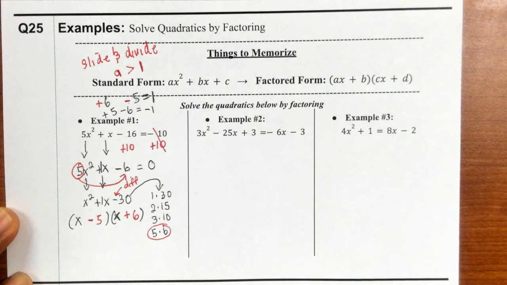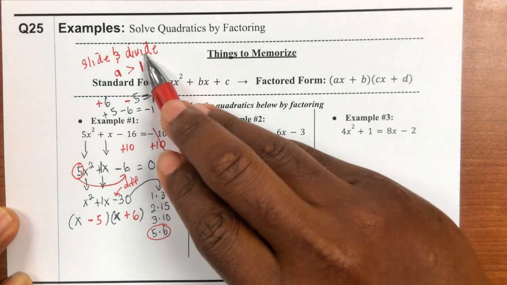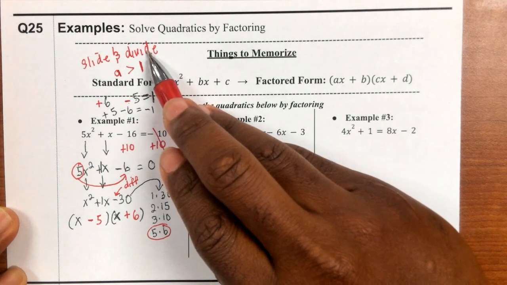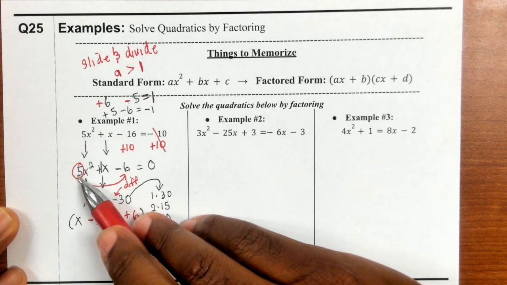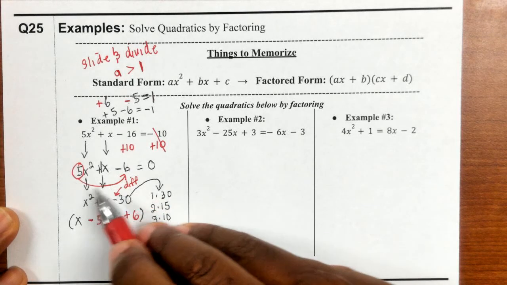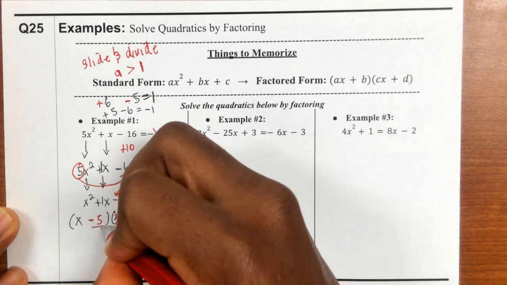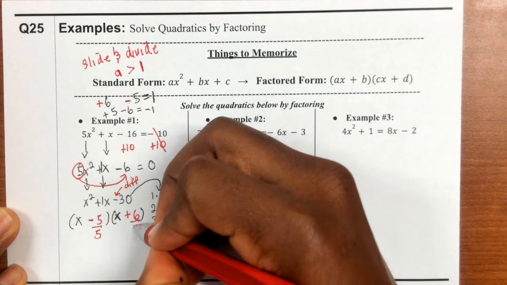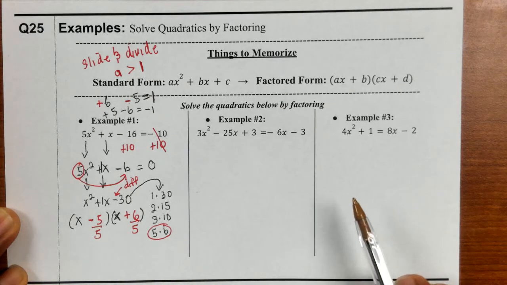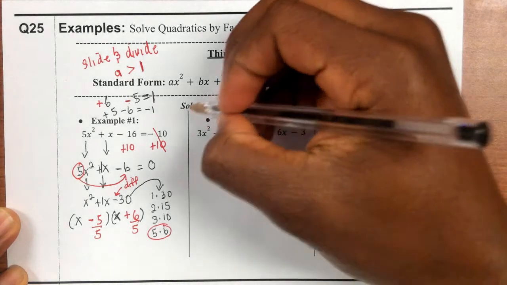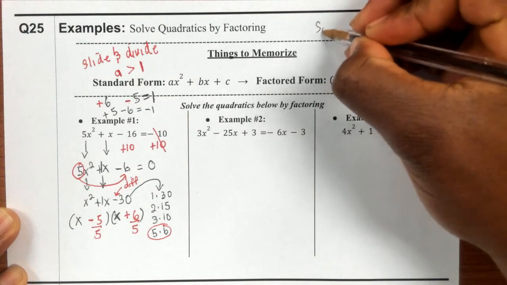All right? So now that we've done the slide, now we're going to divide. Whenever you're going to divide, guys, you're going to divide by the same thing that I circled, the same thing that's my leading coefficient, the same thing that I slid, this positive 5. And here's what you guys have to remember whenever you're solving. What does solve mean?